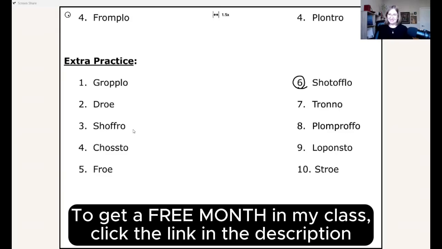Successful blending. I love that. Successive blending was successful. Number 6. We have an L there that you need to make sure you grab.